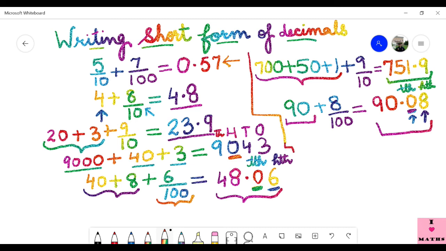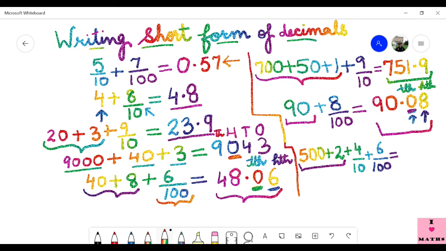Suppose we have a number like this: 500 plus 2 plus 4 upon 10 plus 6 upon 100. Here we have two whole numbers, 500 and 2.